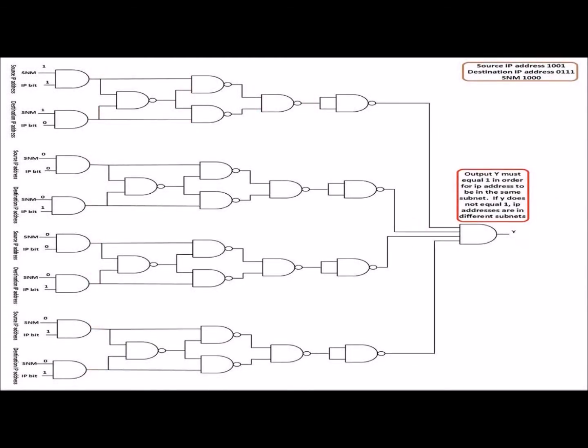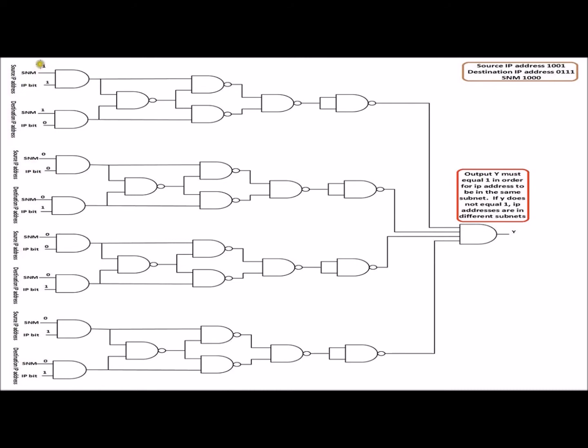Alright, let's take a look at one last example, again using our subnet mask of 1000. And we're going to look at a source IP address of 1001 and a destination IP address of 0111. Now, one of the things that should be coming clear by now is that these trailing zeros really don't have much effect on the equation.